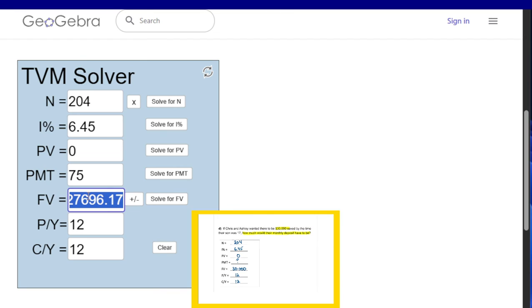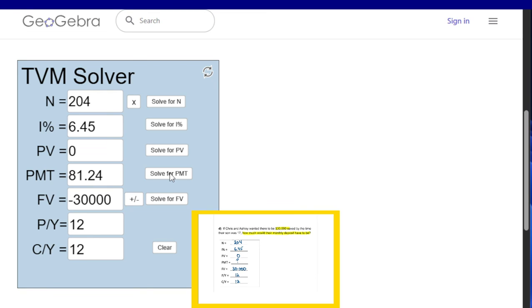We enter 204 for the length of the term, 6.45 for the interest rate, $30,000 is what we want to have in the future. We're starting with nothing. Payments per year is 12. Compounding periods per year is 12. Let's click solve for payment.